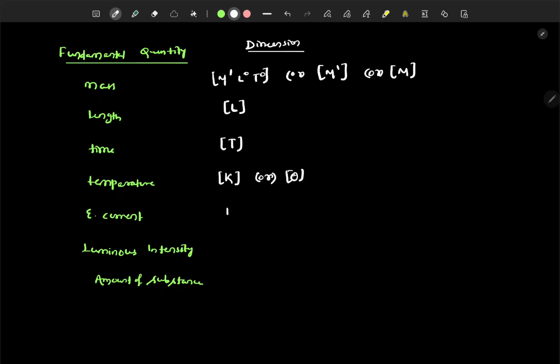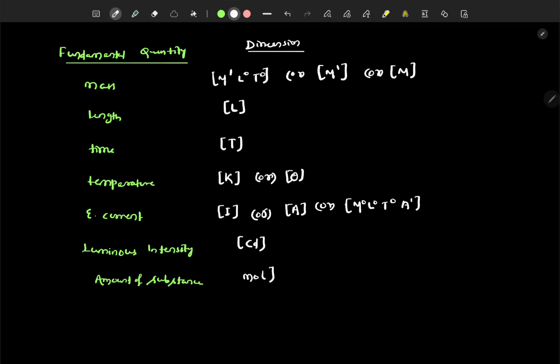Next one is electric current, I dimension or A dimension. Dimension A means M0, L power 0, T power 0, A power 1. Like this, luminous intensity, CD dimension, M0, L0, T0, CD1. Amount of substance, MOL dimension. I hope it is clear to all of you.